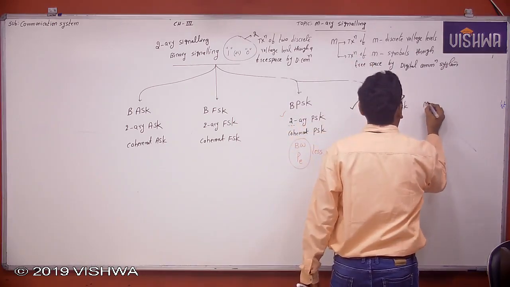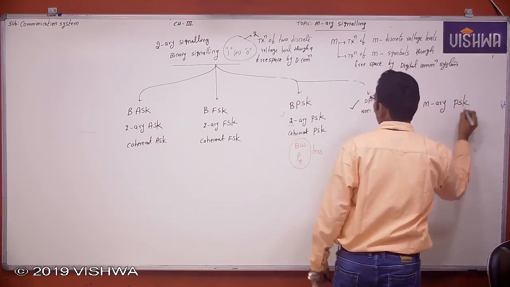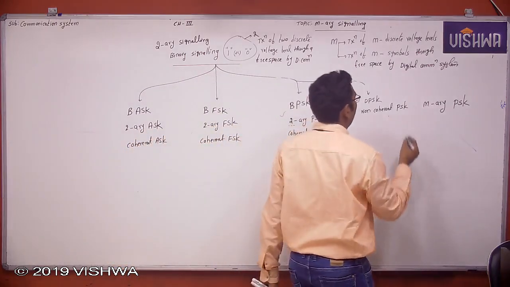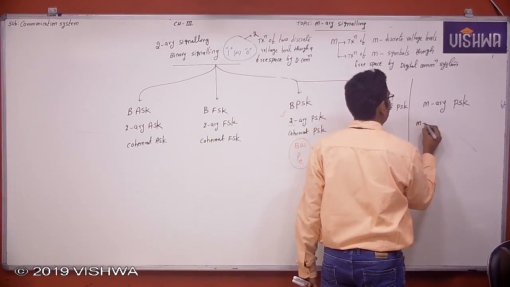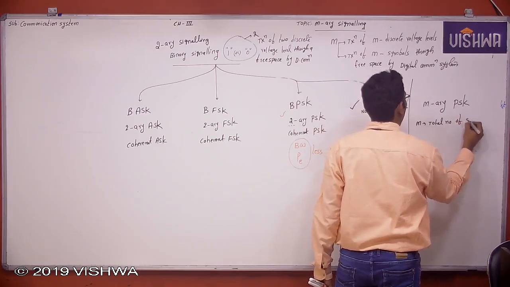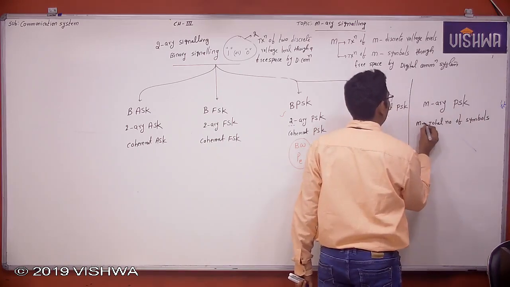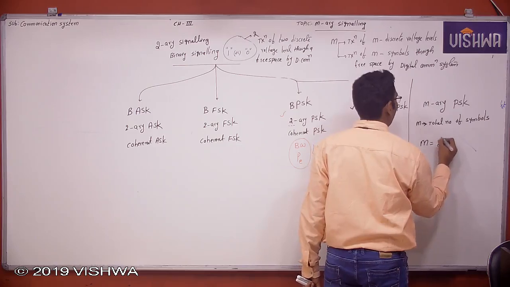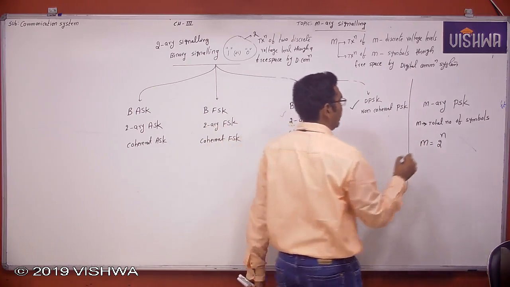Therefore, this is M array PSK, because the advanced version of this is M array, and the extension is PSK, where M is the total number of symbols.